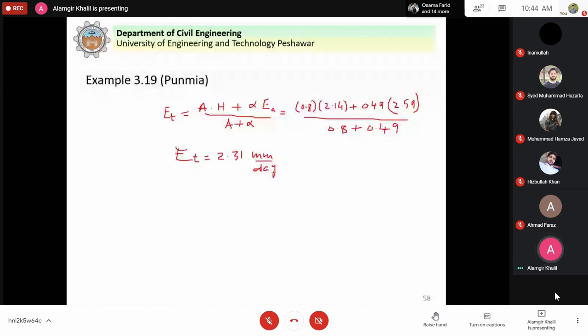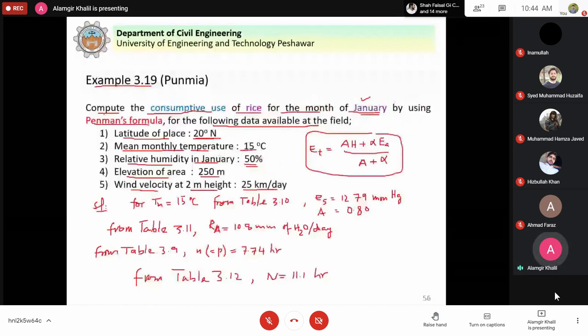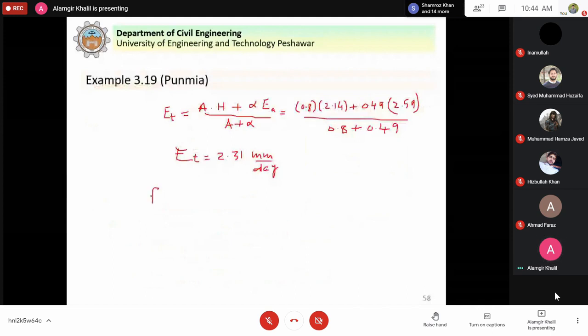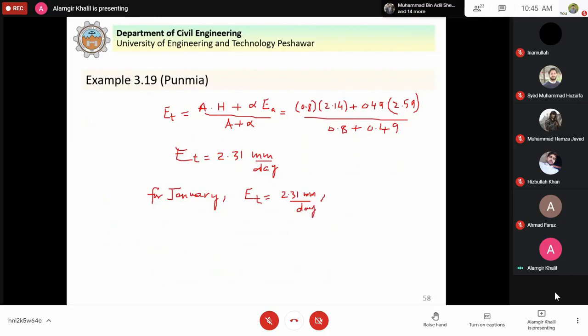Now in the question it is asked that you compute the consumptive use for rice for the month of January. So for January, we have this ET that is equal to 2.31 millimeter per day, and we have 31 days in the month of January.